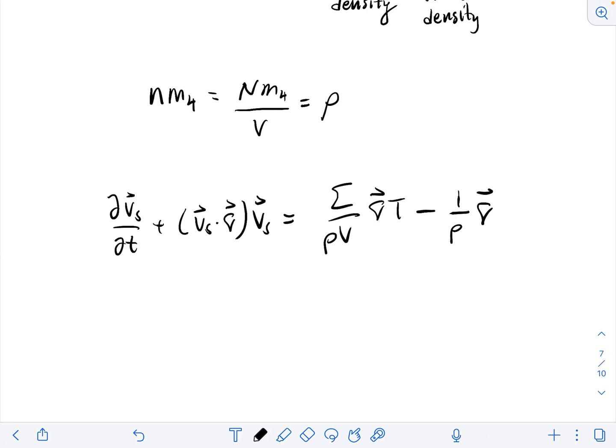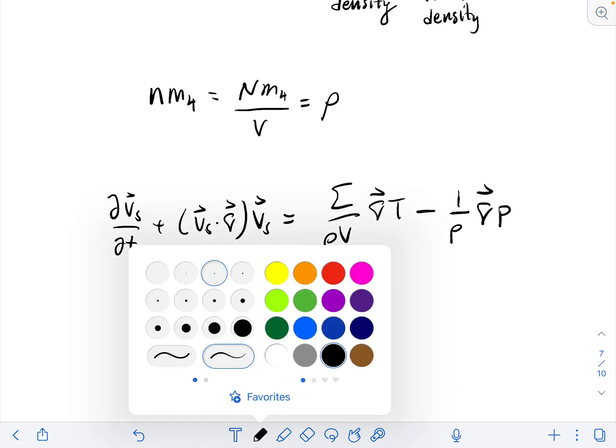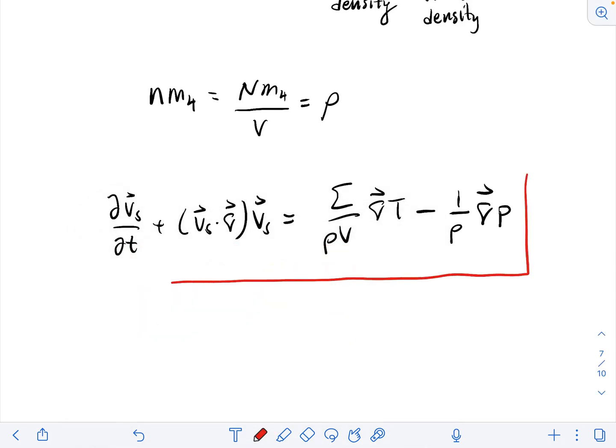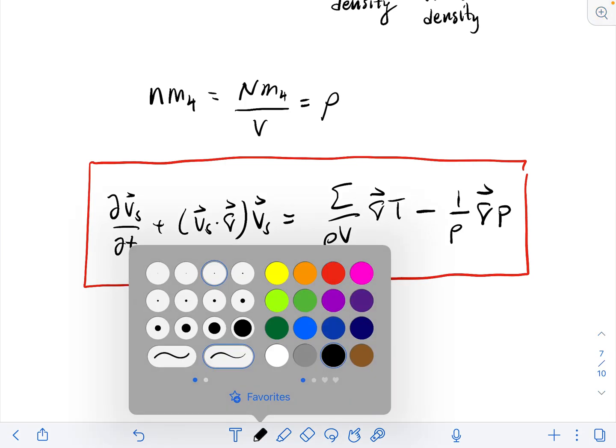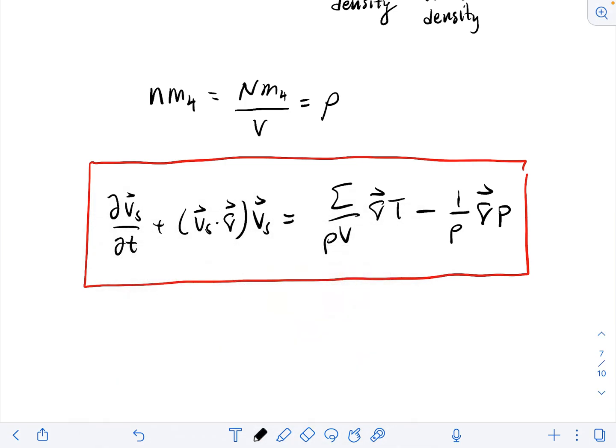Okay, and so this is what we're going to try to use to interpret this thermomechanical effect and ultimately the fountain effect. So this is the thermomechanical effect.